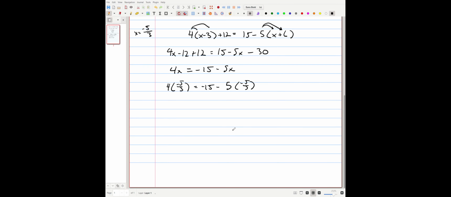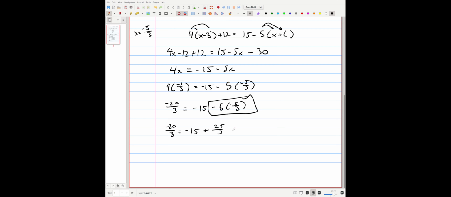So what's going to happen here? We get negative 20 over 3 on this side. We multiply this, we get negative 15 minus 5 times negative 5/3. We have two negatives being multiplied here, so it's going to become a positive 25 over 3, right?